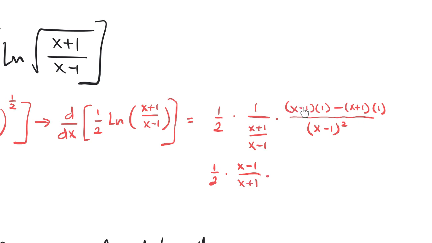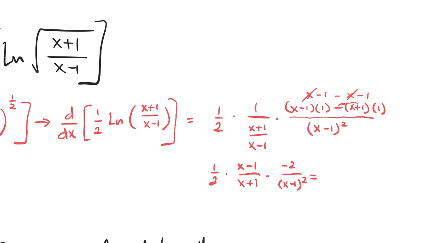And then here we have x minus 1 minus x plus 1. So I'll write that a little more clearly. X minus 1 minus x. And if you distribute this minus sign, you're going to get another minus 1. So x's cancel, and we have negative 2 over x minus 1 squared.